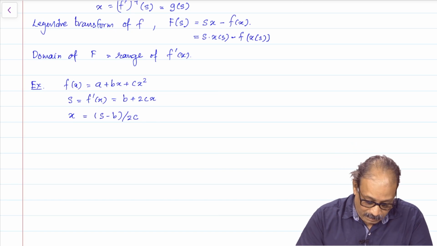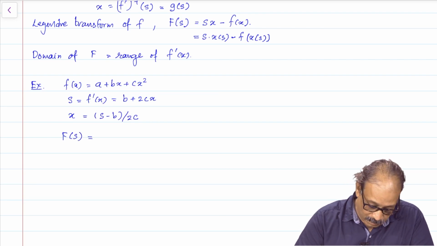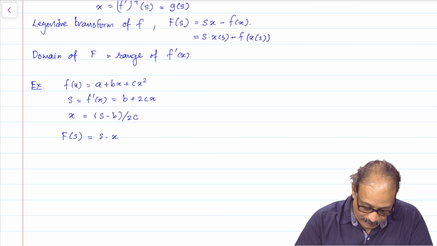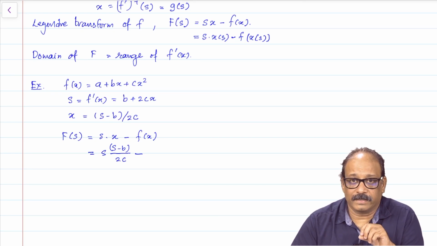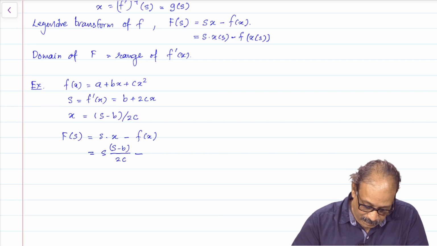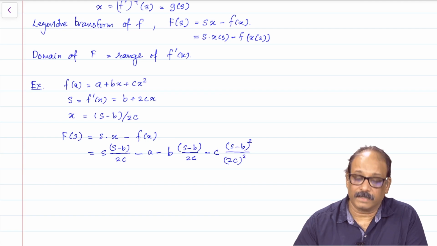And now, let us construct the Legendre transform. So, F as a function of s is equal to s times x minus f of x, and this will be equal to s times (s minus b) divided by 2c minus, remember, I have to write f of x not in terms of x, but in terms of s, which means this will be a plus b times (s minus b)/2c plus c times ((s minus b)/2c) squared.